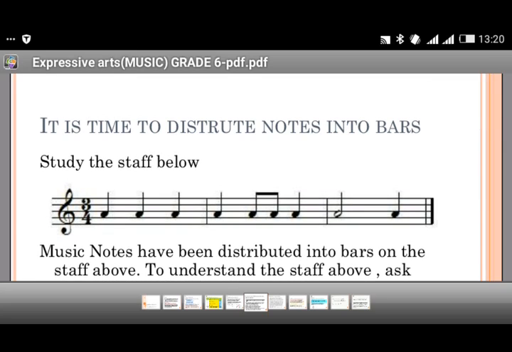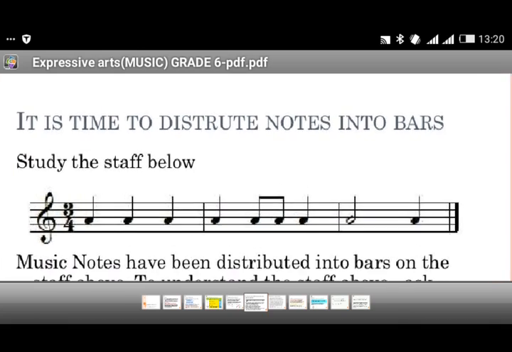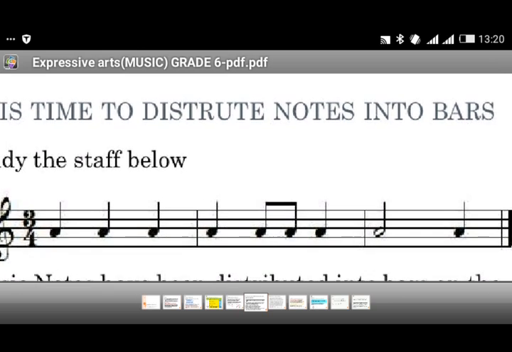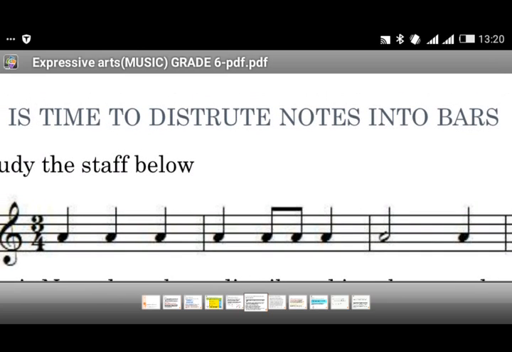Now we're going to distribute notes into bars. We have this staff, time signature 3/4. As we said, the top number is the one most used when distributing these notes into bars. As you can see, this staff has 3 bars.